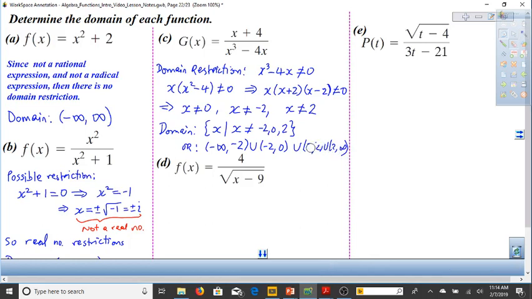And that is a little closed up here, but that is the interval notation. A little tedious. It's saying use everything except for negative 2, except for 0, and except for 2.